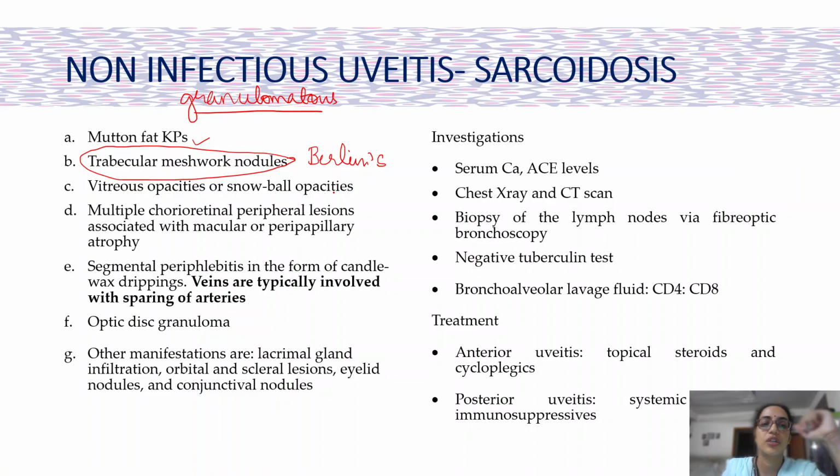So, what is the importance of this? Many a time you may get confused between TB and sarcoid. Presence of these nodules pushes you more towards sarcoid. Second, when these nodules regress, they cause adhesions between the peripheral cornea and the iris, causing peripheral anterior synechiae.